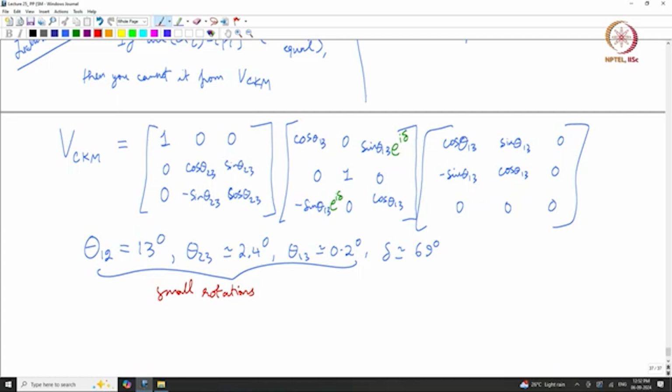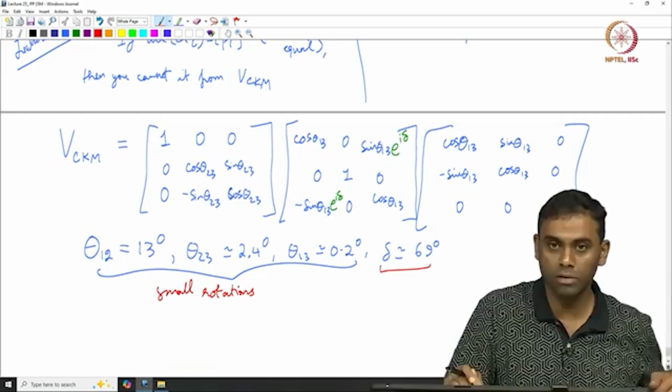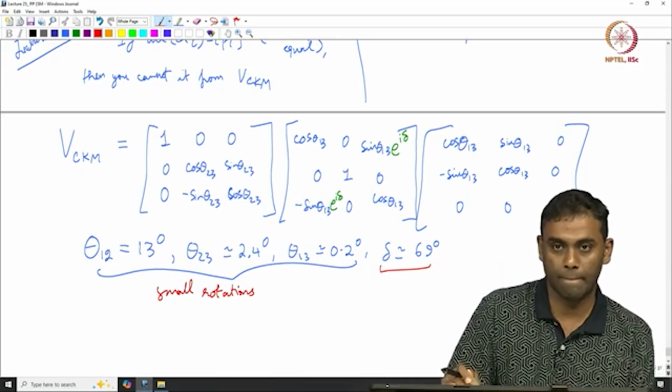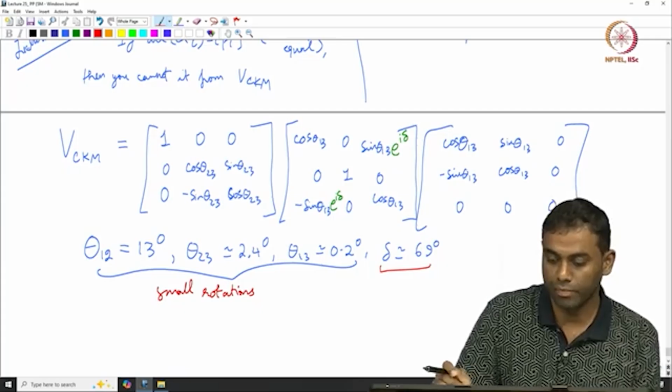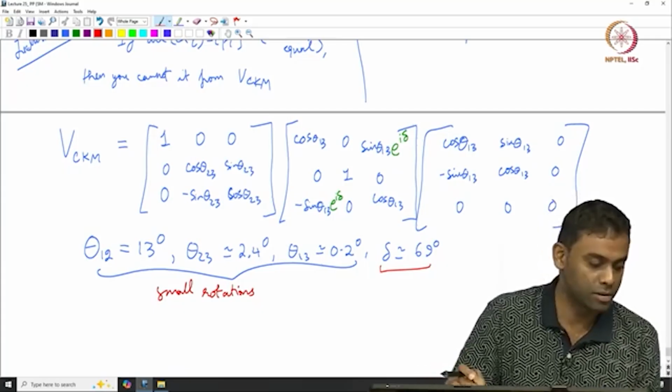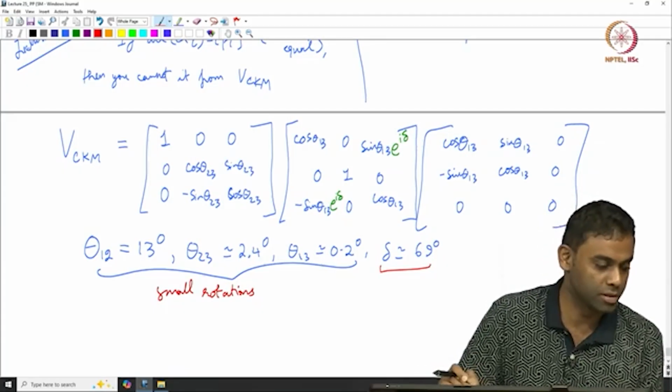Now, this phase seems to be large, but it is not particularly large. We will soon see the extremely important physical significance of this phase. It is not large enough for something that we want. We will see what this means.